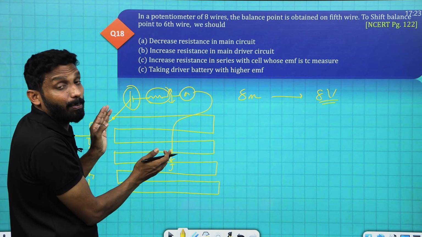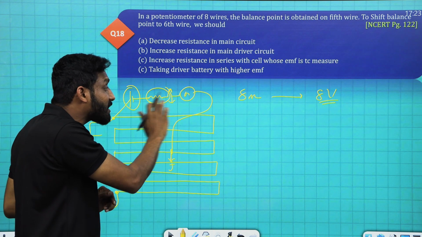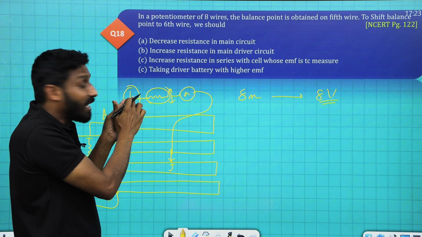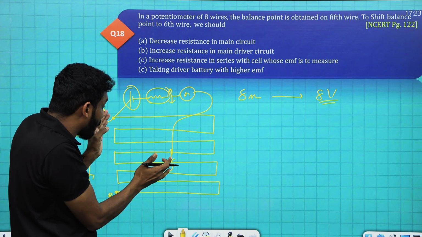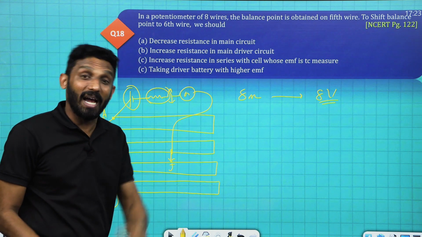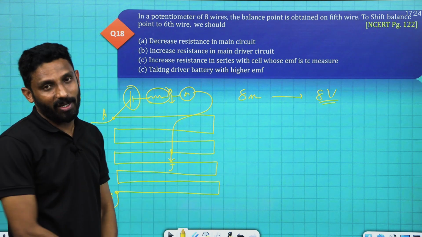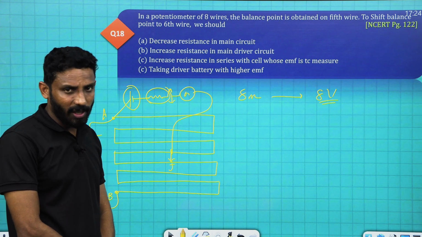It will be 5.5 volt. If this resistor is not here, then what will be the EMF of this cell? The EMF of this cell will be the potential difference corresponding to 5.5 meter. That will be 5.5 volt. Balanced. That's why the galvanometer shows zero deflection. This is the concept.